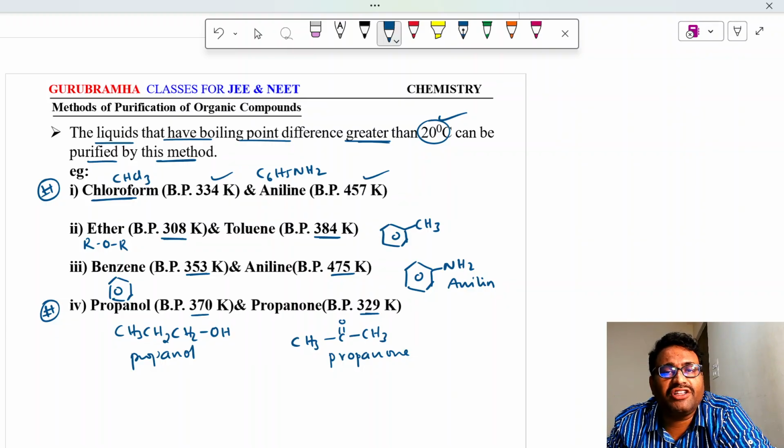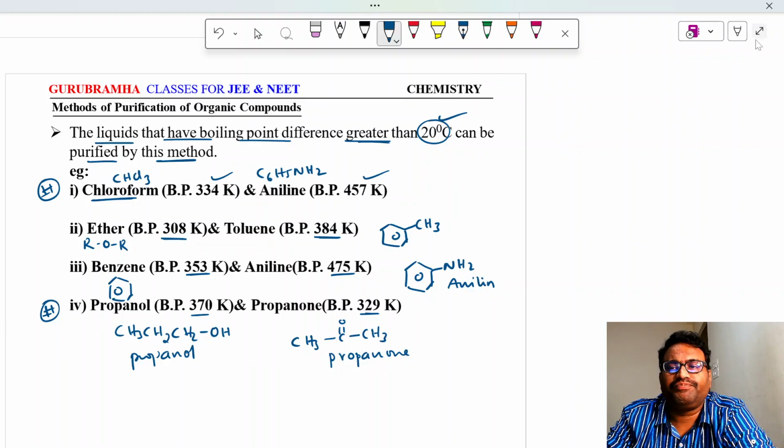In the examination, they focus on examples: which compounds can be separated by which purification methods? That is important. So concentrate more on these examples. First of all, method, principle of that method, and examples. And among these three, which is more important is examples because they are asked more in the examination. Right? So let us move to the next part.